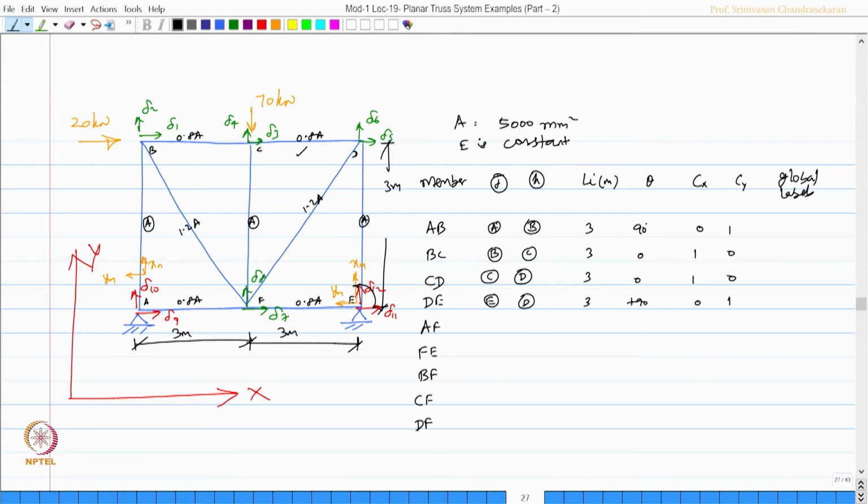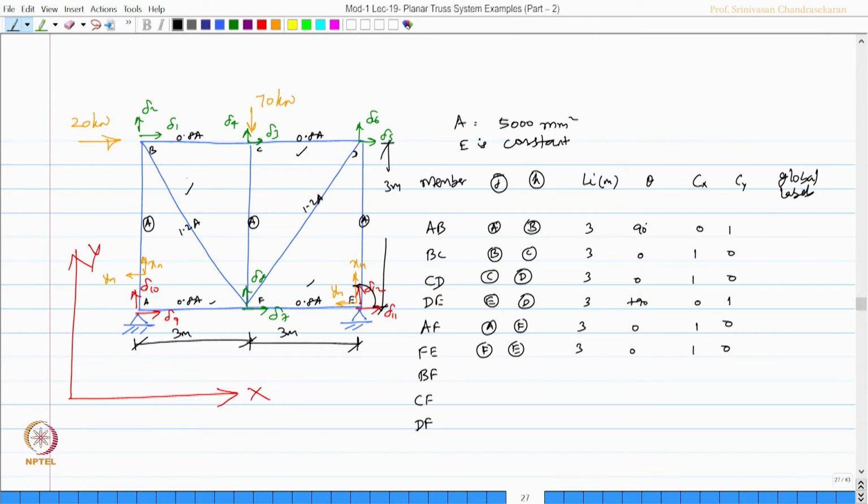So, AF is this member, the horizontal member, which has got A and F as J and K ends, length is 3 meters, 0 degrees. So, 1 and 0. FE is this member, where F and E are J and K ends, length is 3 meters, 0 degrees, 1 and 0.